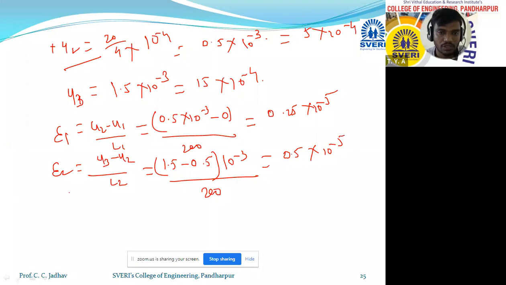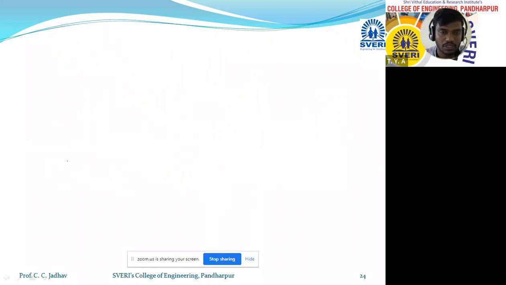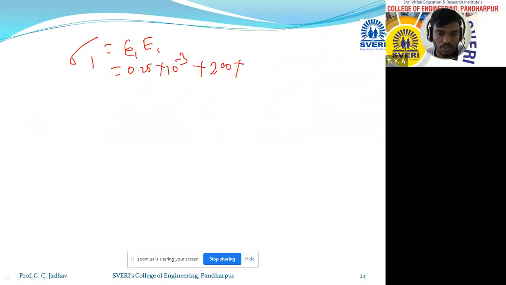Okay, and from these two equations we will calculate the stress value. Stress 1 is equal to strain 1 into Young's modulus. Strain 1 we get from the equation, 0.25 into 10 raised to minus 3, into Young's modulus 200 into 10 raised to 3. So the answer is 0.5 Newton per mm square.